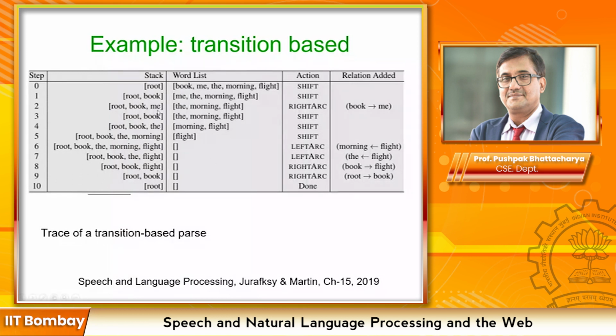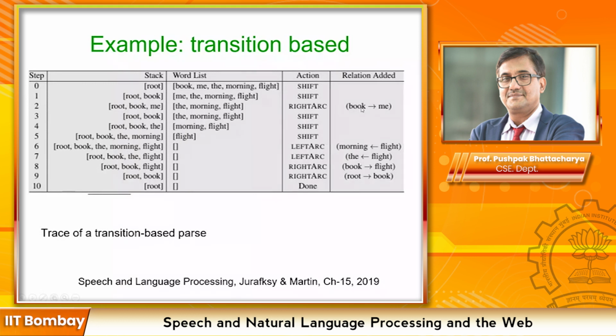Now between book and me, create a right arc. That is an arc going from book to me, where it shows that me is a modifier or dependent on the word book. And you know that me will be the beneficiary of this booking activity.